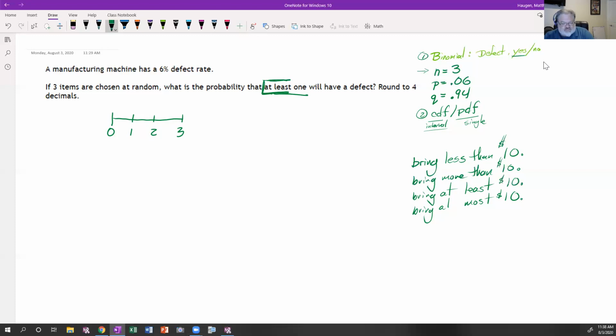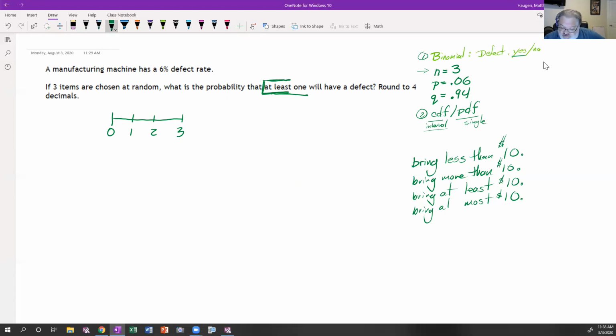And really, getting comfortable with the at least, at most, more than, less than, is really being comfortable with differentiating between these 4 phrases. Or I guess they're sentences if I capitalize them. So bringing less than $10.